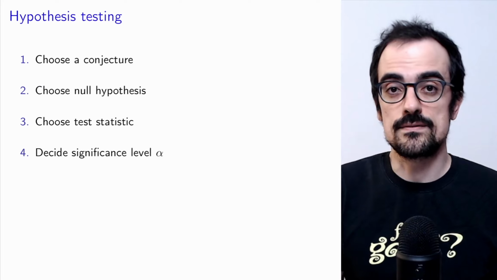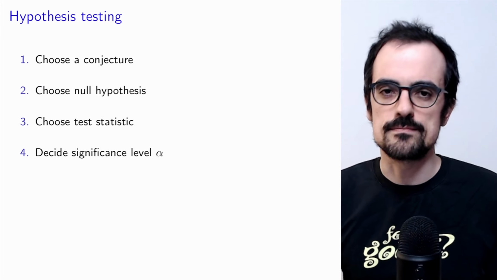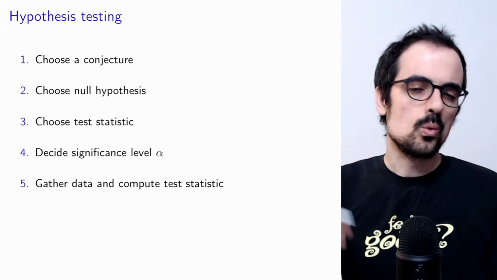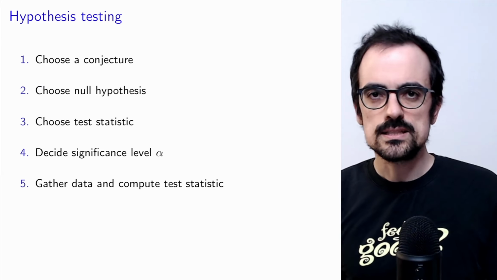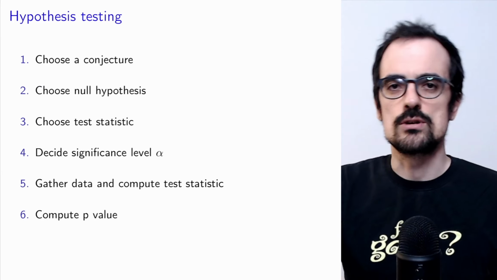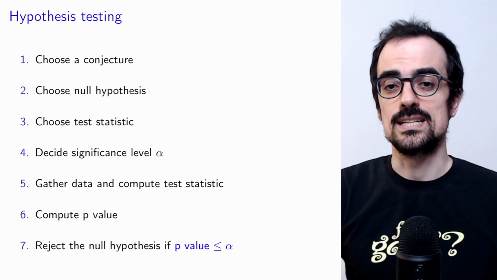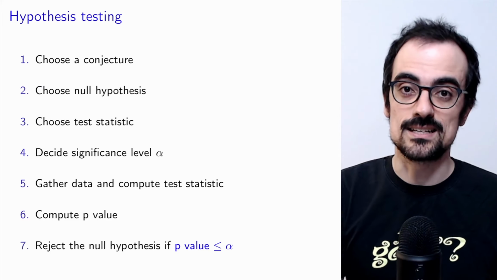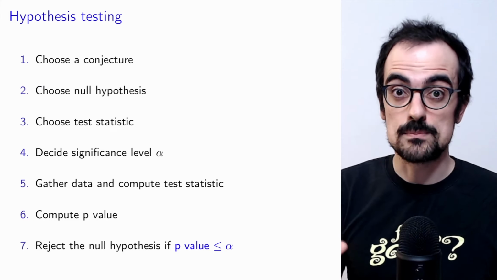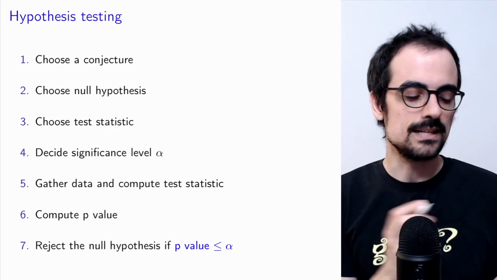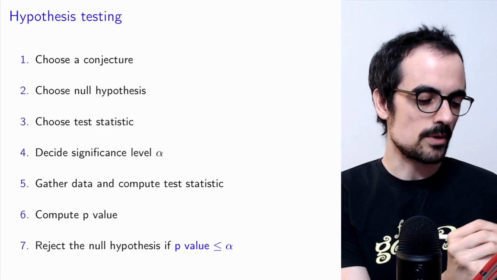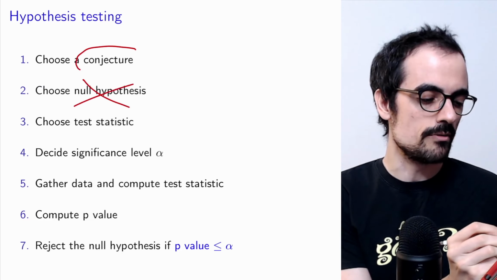Then we decide on a significance level alpha, which is often set at 5%. We gather the data, compute the test statistic, and then compute the p-value corresponding to that test statistic. If the p-value is smaller or equal to the significance level alpha, we reject the null hypothesis. When we reject the null hypothesis, that means a positive finding, because rejecting the null hypothesis is evidence in favor of the original conjecture.